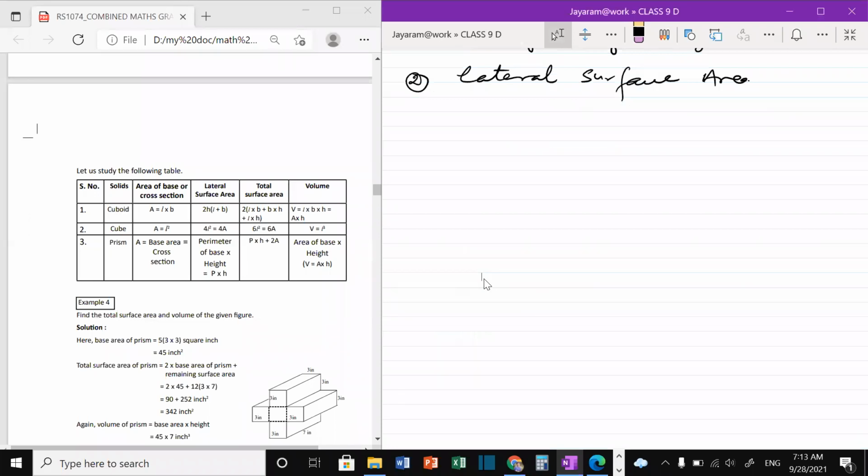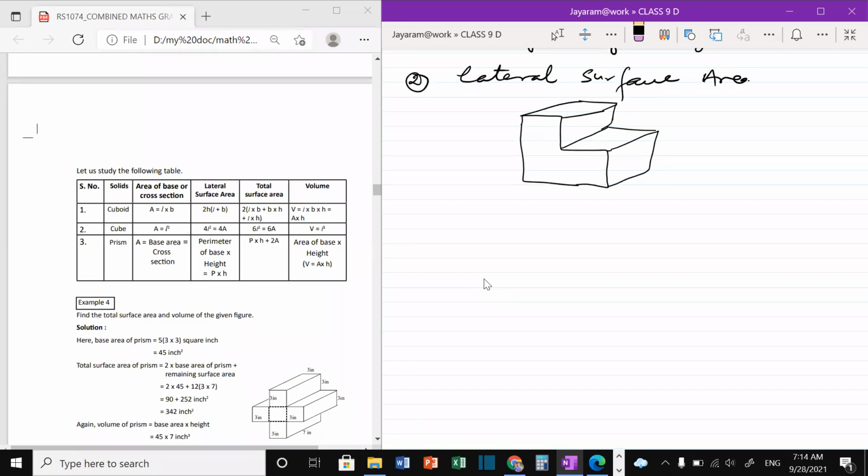Okay. If I draw one figure here, L-shaped prism.